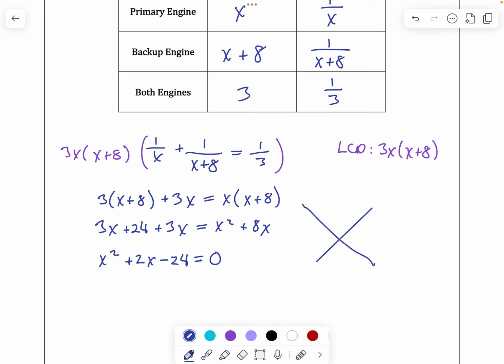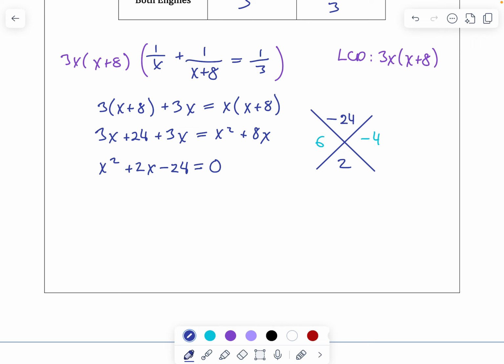Again, you should always check if it's factorable, because I think factoring is way cleaner than the quadratic formula. You may have your own preference. But I need 2 numbers that multiply to negative 24 that add to 2. That's going to be 6 and negative 4. So this one's nice and clean this time.